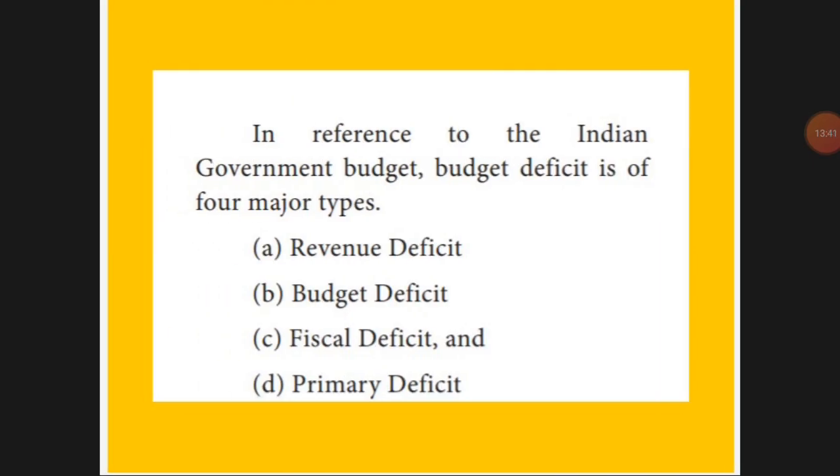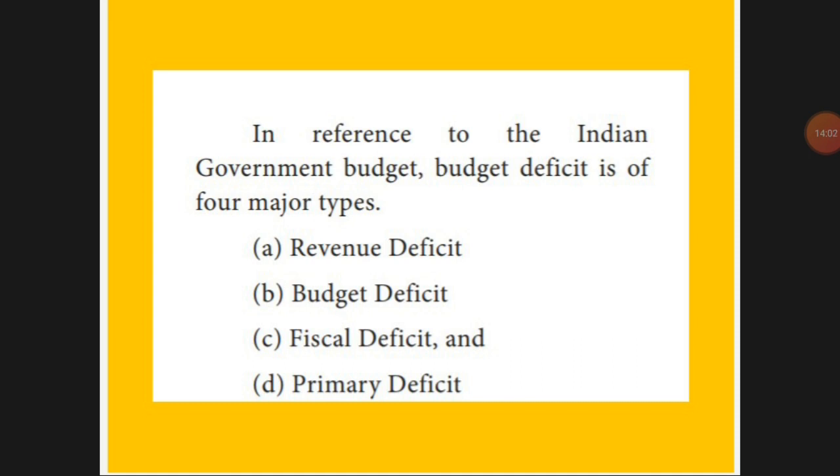According to that, the deficit of the government budget has four major types: revenue deficit, budget deficit, fiscal deficit, and the primary deficit.